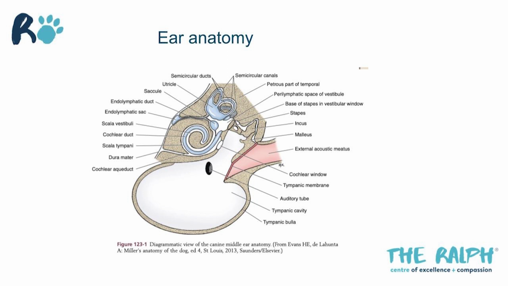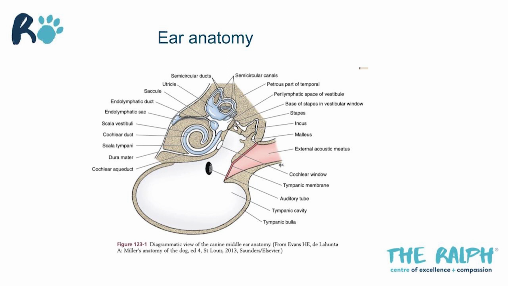This black area here is the auditory tube or Eustachian tube. This is the communication between the ear and the nasopharynx. And it opens at the level of the mesotympanum. In the epitympanum, we have the auditory ossicles here, the malleus, incus, and stapes. Here is the inner ear.